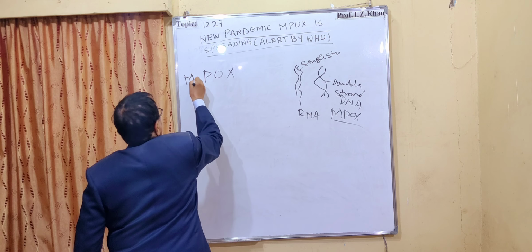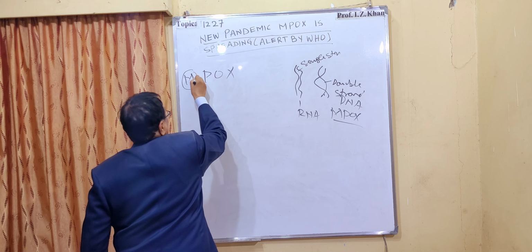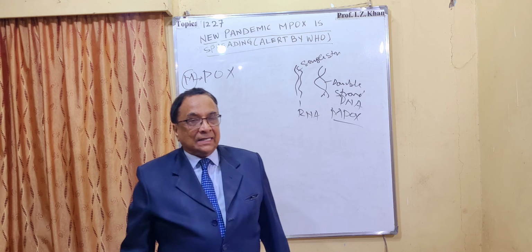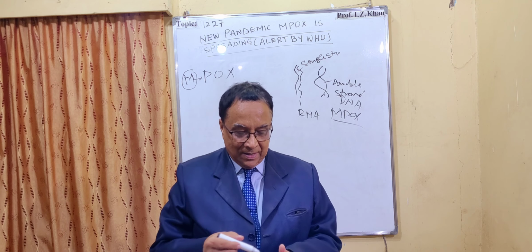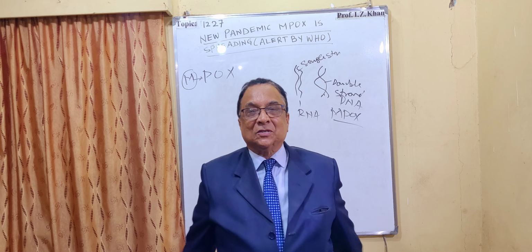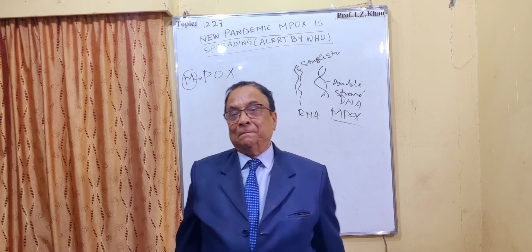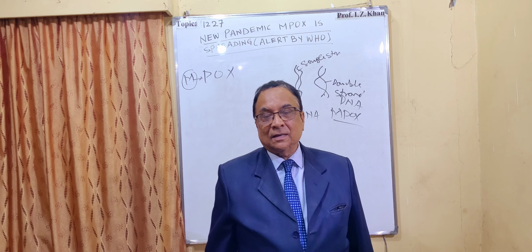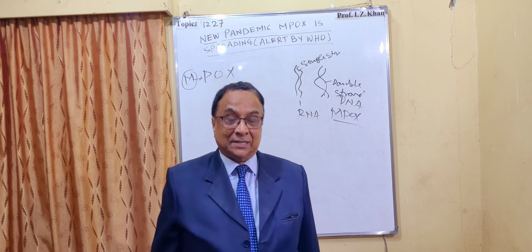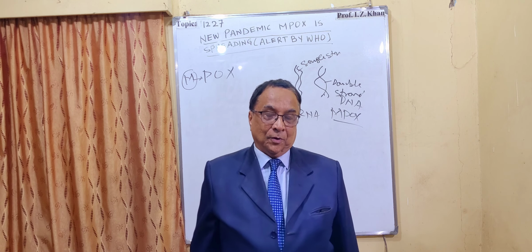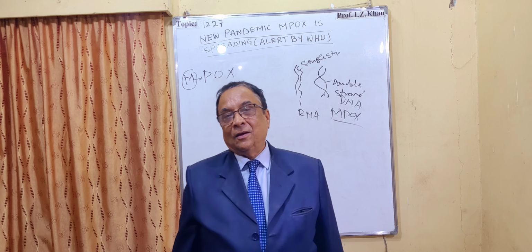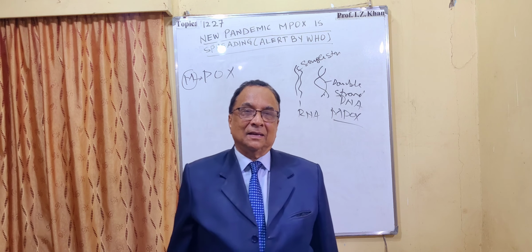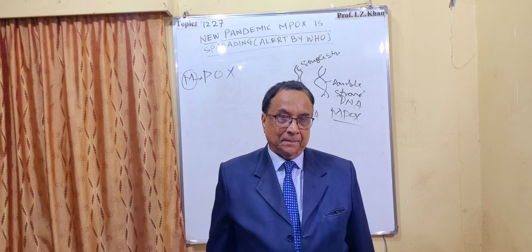So where did the M come from? It has a historical background. In 1958, when Europeans were working on the polio vaccine, Denmark imported some 4 or 5 monkeys from Singapore. When they received those monkeys, they found that one of the monkeys was dull and sick.